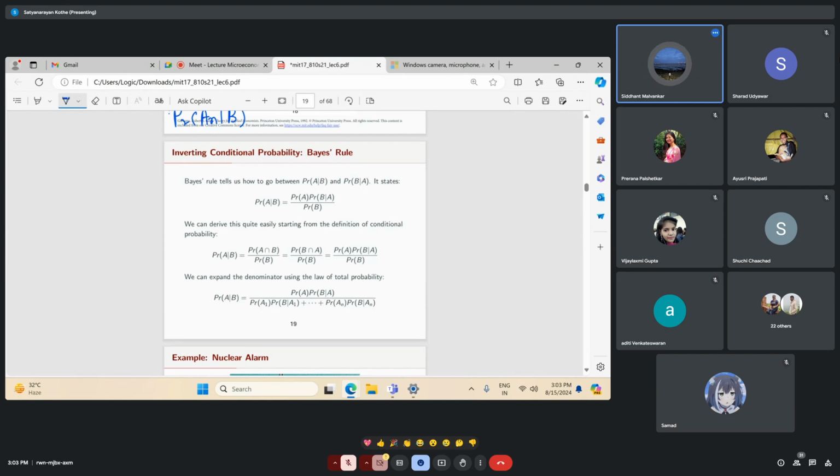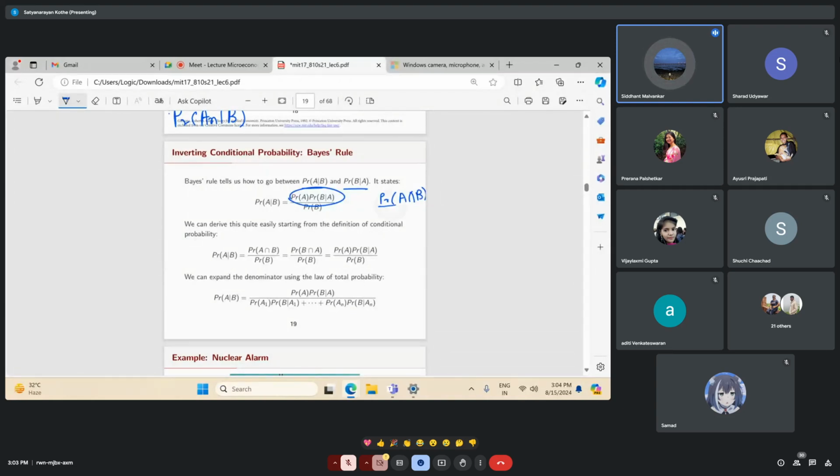So Bayes rule tells us how we go between the conditional probability of A given B and the conditional probability of B given A. It states that the probability of A given B, that is the conditional probability of A given that B has taken place, is equal to, now see very carefully what we have done, we knew that this is nothing but your probability of A intersection B, correct?